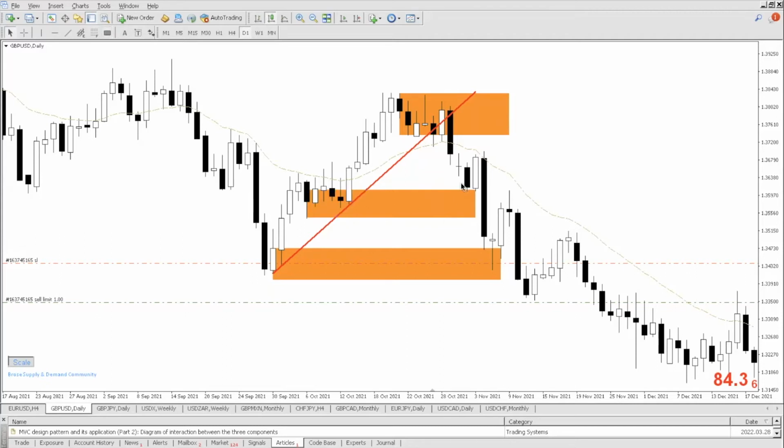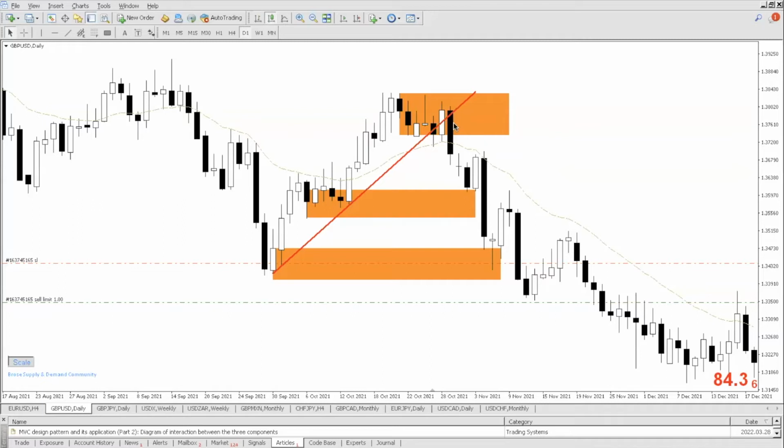Price came, touched this demand and reacted. Usually when you are scalping, or trading lower time frames than H4, it's a nice entry, and there's a lot of money from here to up here.